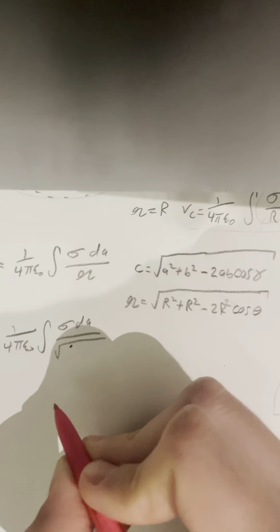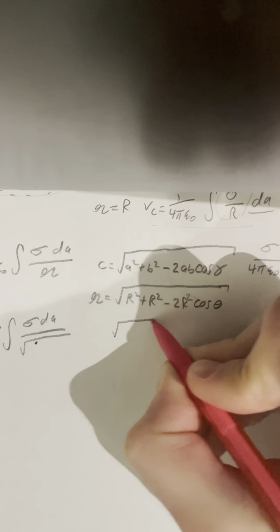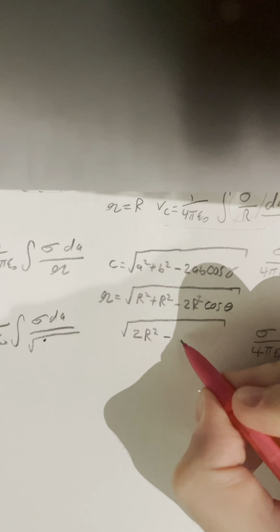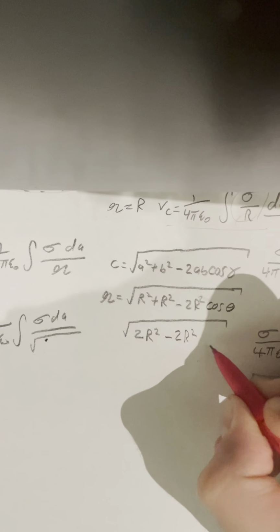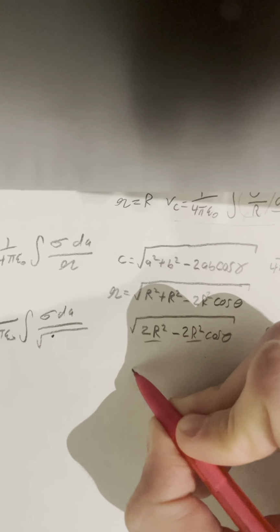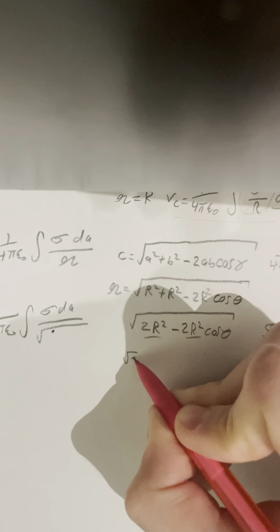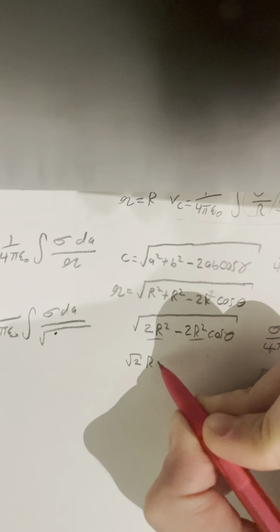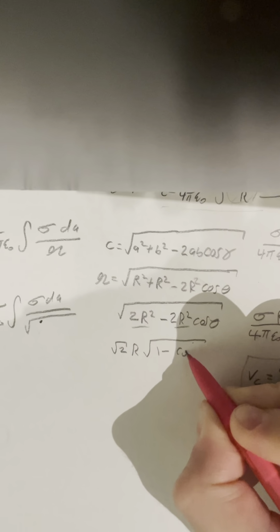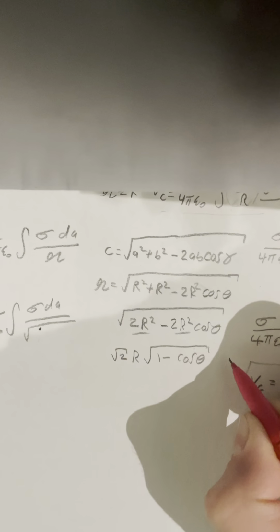Let me write this out. Actually, before I write this out, I think it'd be very useful if I were to simplify it. So we get 2R squared minus 2R squared cosine theta. And if you notice, these terms are alike, so we can factor that out, with the 2 being in the square root, the R just being regular R. We're just left with 1 minus cosine theta inside of the square root.